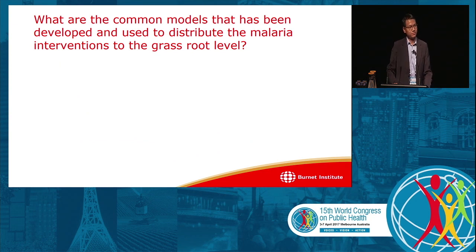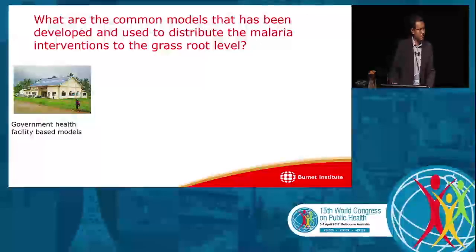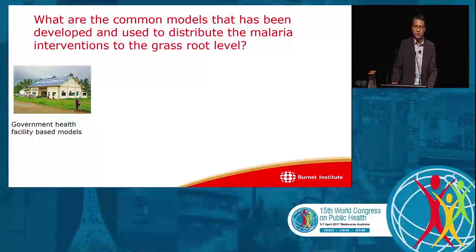Over the past years, malaria has been tackled by different expertise, different organizations and different governments with different models. If we look back at the different models that have been developed and used, we can see there is the government health model, mainly for malaria service delivery.